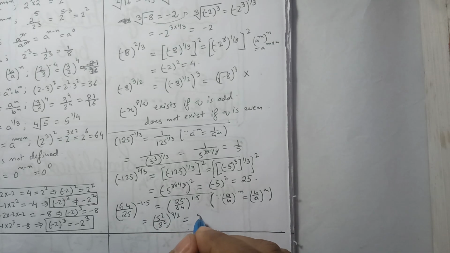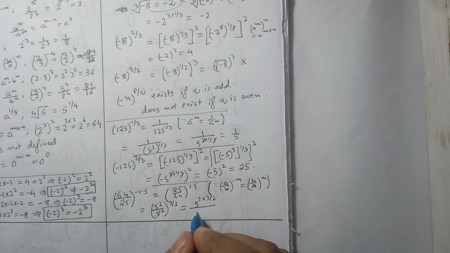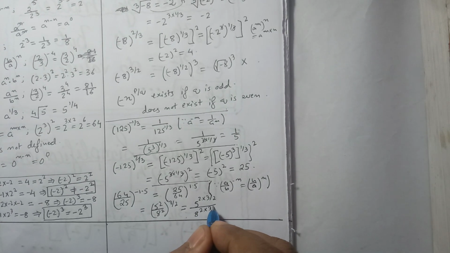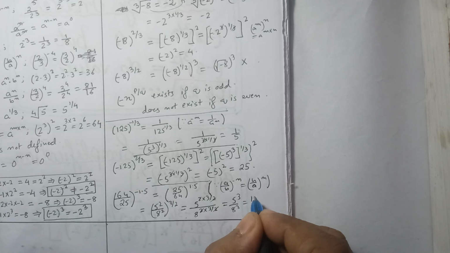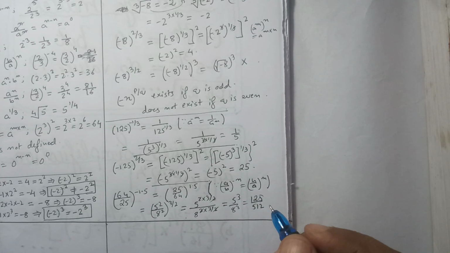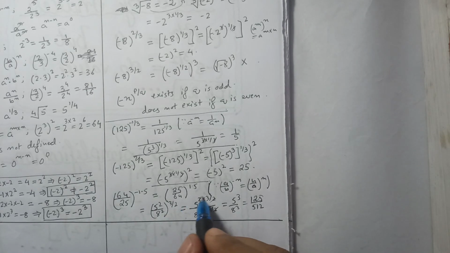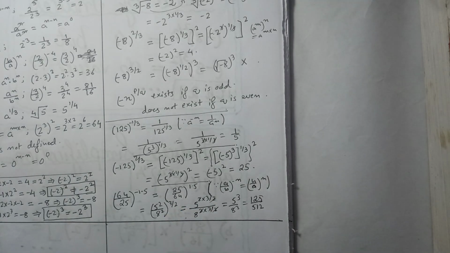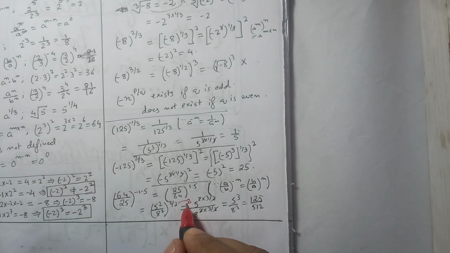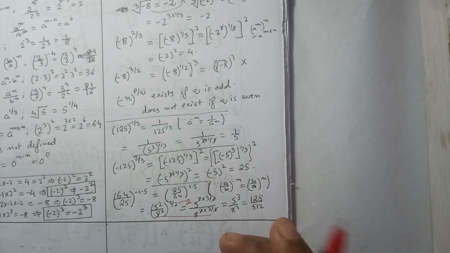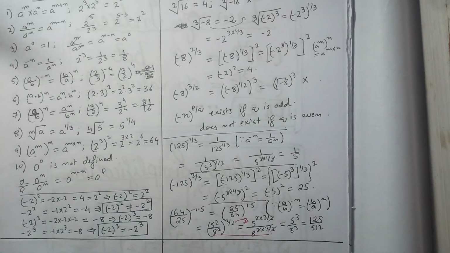Now I distribute the powers. 2 into 3 by 2 on 5, and 2 into 3 by 2 on 8. Cancel. 5 cube by 8 cube, and this is 125 by 512. What I did here, particularly in this step, from here to here, I used which property?